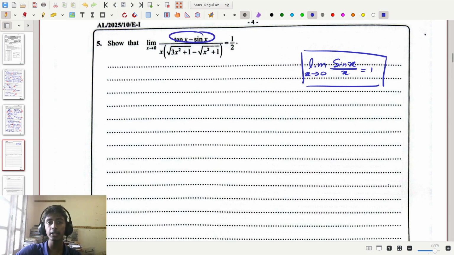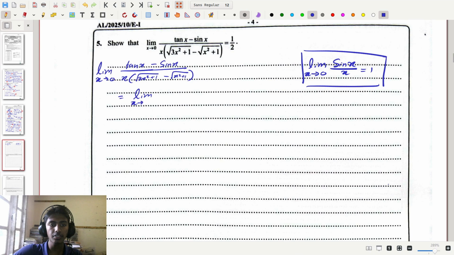We're going to take the sin of x factor out of the numerator and write the sin of x divided by x component separately. So if you do that, this limit, the limit as x approaches 0 of (tan x minus sin x) divided by x multiplied by the square root of 3x squared plus 1 minus the square root of x squared plus 1, is going to be equal to the limit as x approaches 0 of sin of x divided by x times the rest.